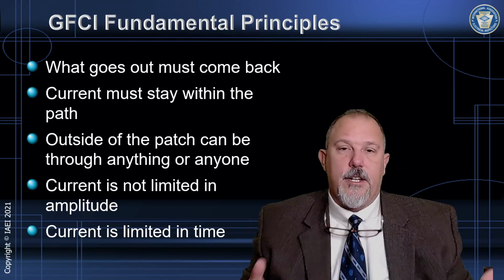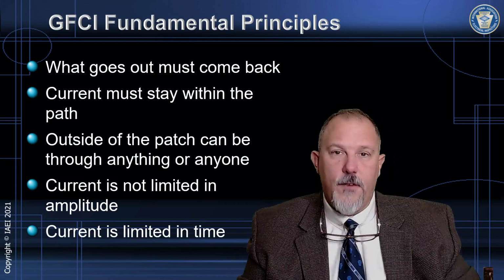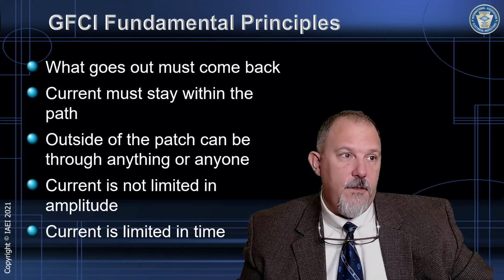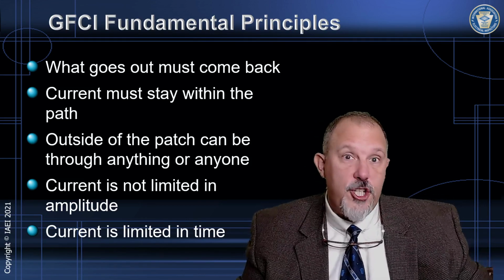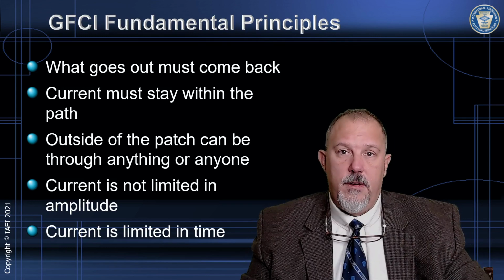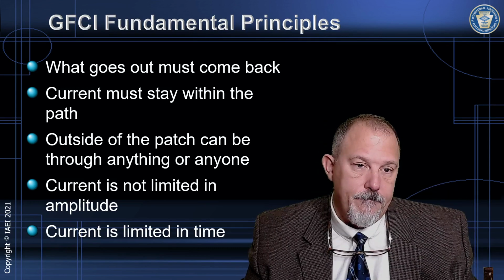There's no skin detection. There's no detection that it's a human body versus a forklift truck versus a wrench versus a squirrel or a chipmunk. If it goes outside of the normal path, greater than 4 to 6 milliamps, it will open.